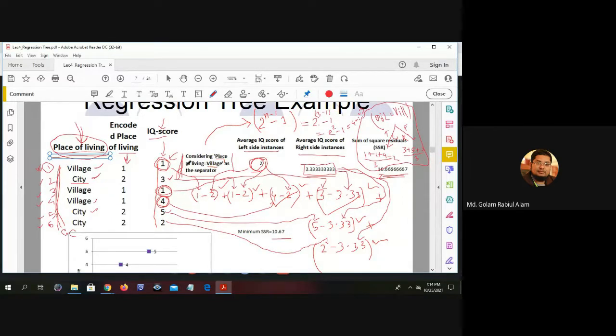In that case, only the city people you have to consider on the left side, and on the right side the village and capital city. And the third separator will be considering place of living equal capital city as the separator. In that case, the capital city will be on the left side, and village and city people will be on the right side. Is it clear?